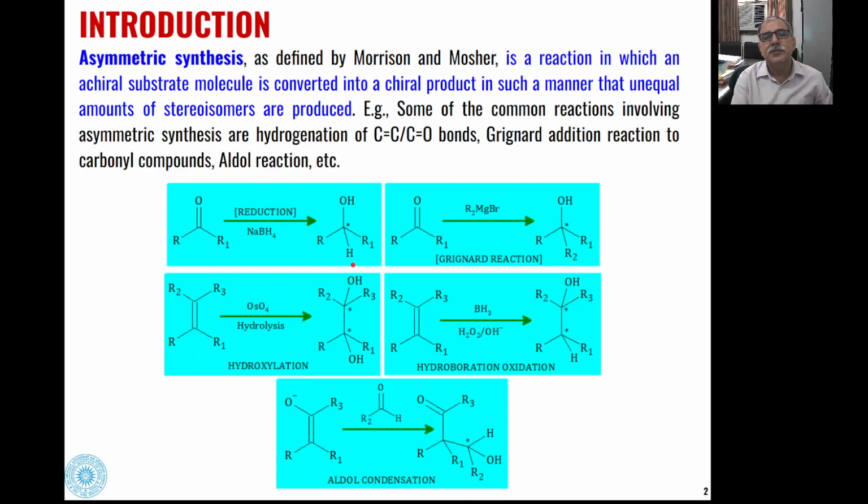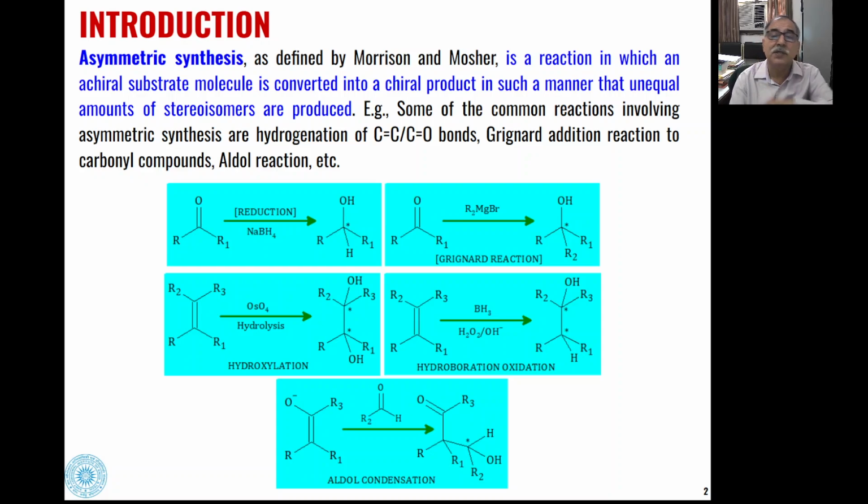amount of stereoisomers which are produced are unequal. So if they are formed in equal amounts, then we say a racemic mixture is formed. If they are formed in unequal amounts, that means overall there will be an optical activity in the compounds which are formed.